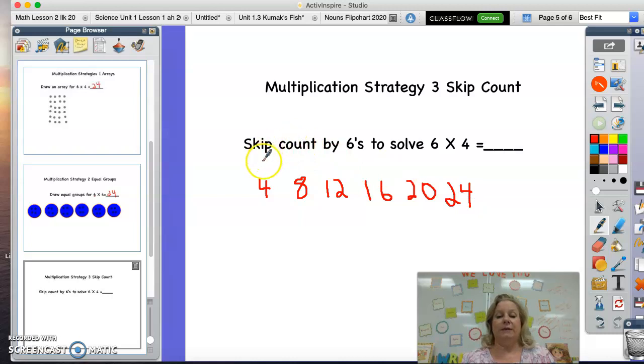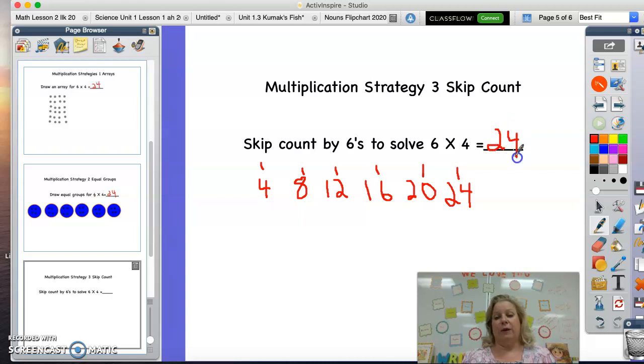So as you can see, I skip counted by 4 six times. So I added up by 4, but I did it 6 times to get my 24.